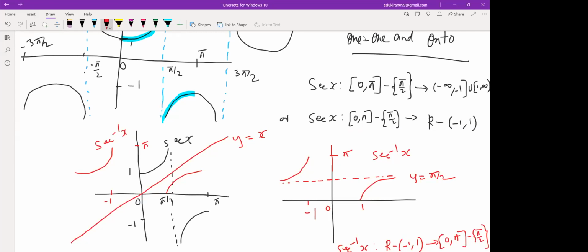Yes, written. Should we move to cot? Yes, sir. Okay.